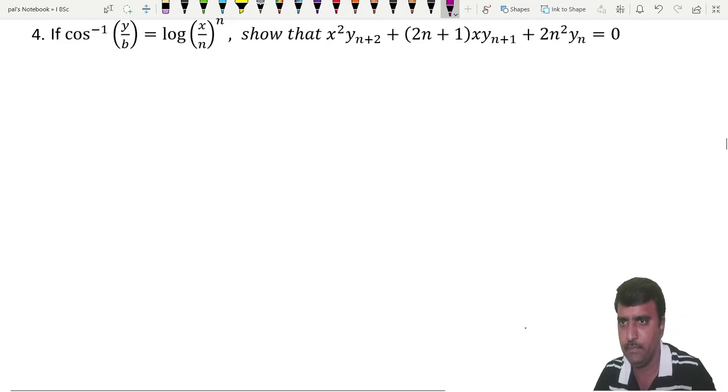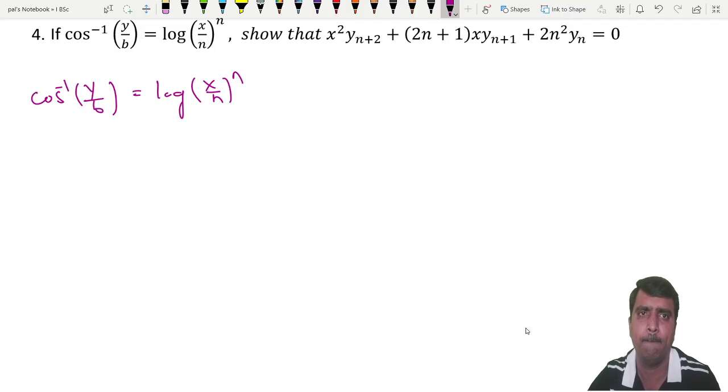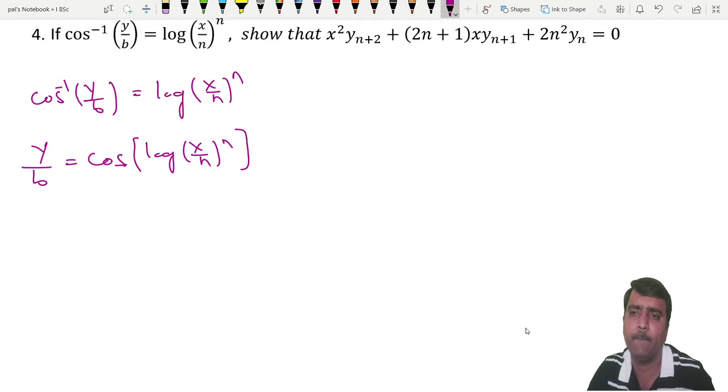First take the given function: cos inverse of y by b is equal to log of x by n to the power n. Now you can shift this cos inverse to the right-hand side, so y by b is equal to cos of log of x by n to the power n.